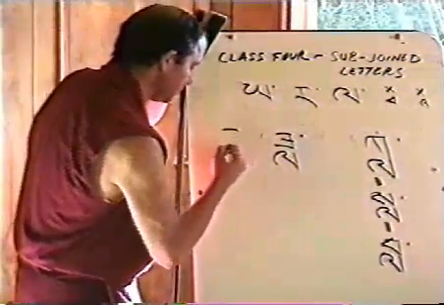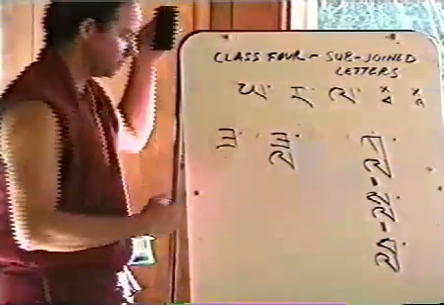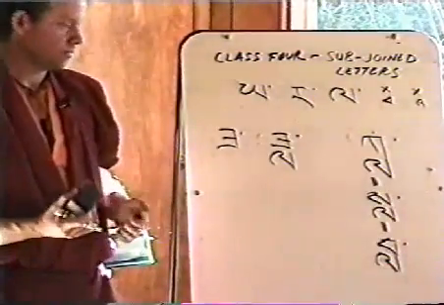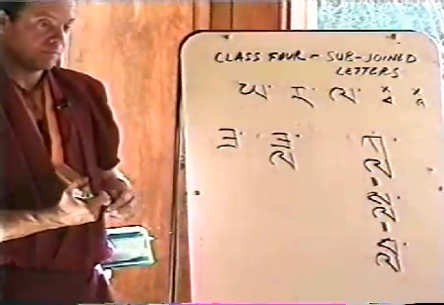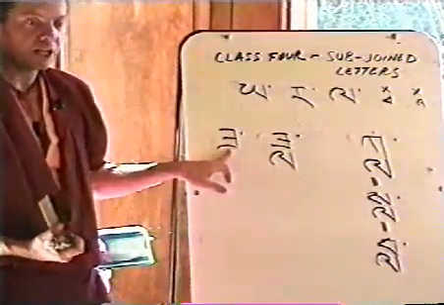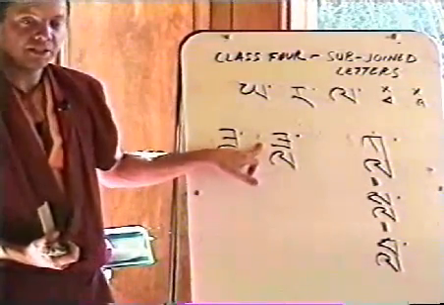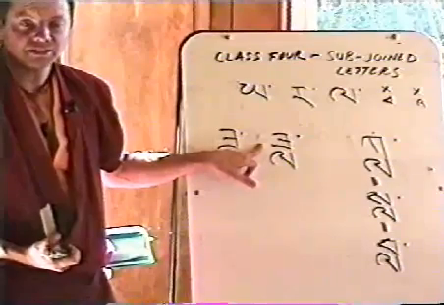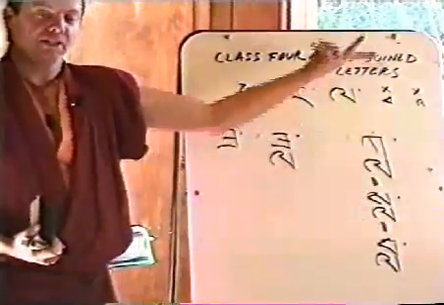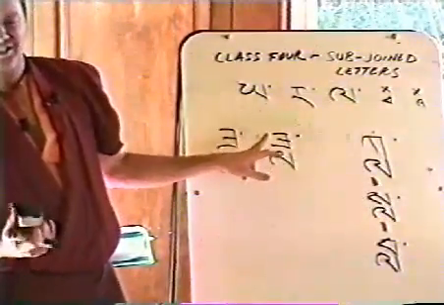Here's a normal one, by the way. Say sa. Sa. This should have been la, right? Everything is the same, la, right? But this is an exception.